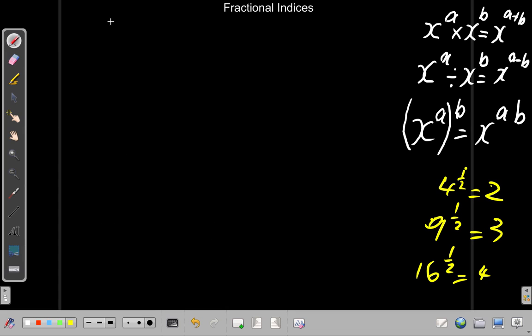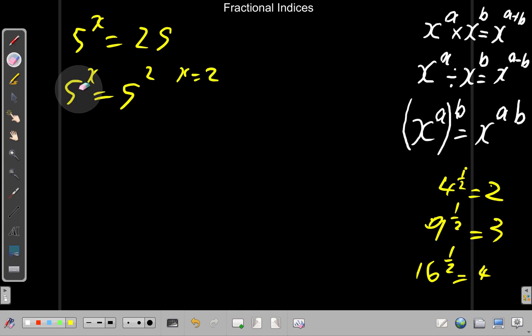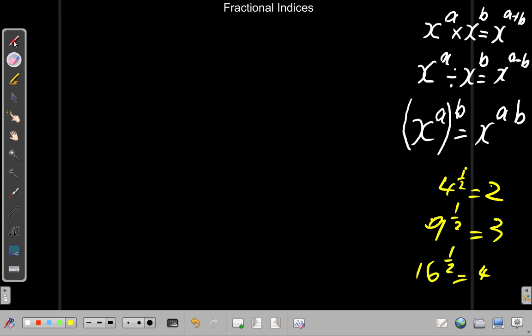Interesting. Suppose we say 5 to the x is equal to 25. If we rewrite 25 as 5 squared, we would have 5 to the x is equal to 5 squared. So x is 2. Now suppose we say 25 to the x is equal to 5.